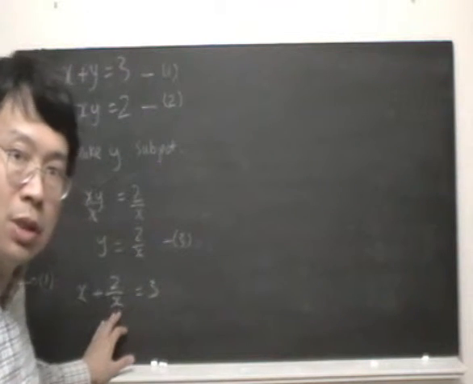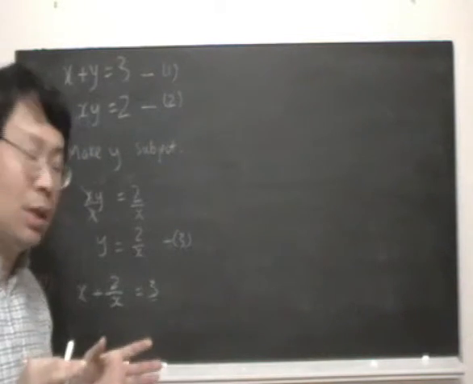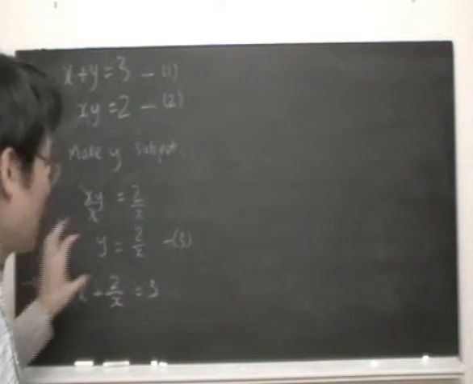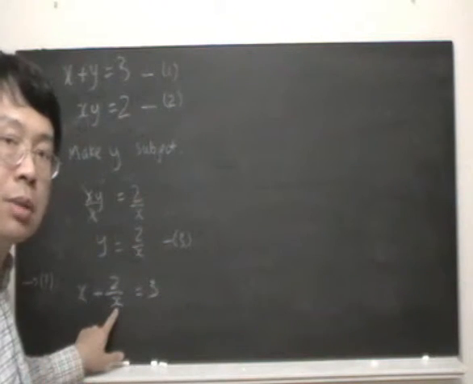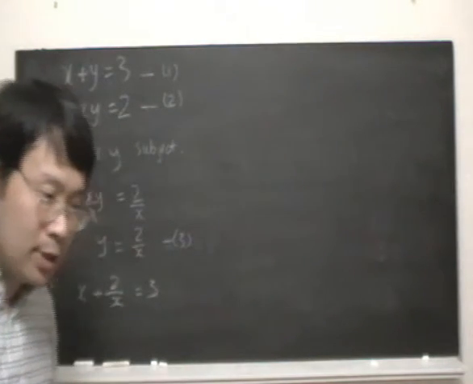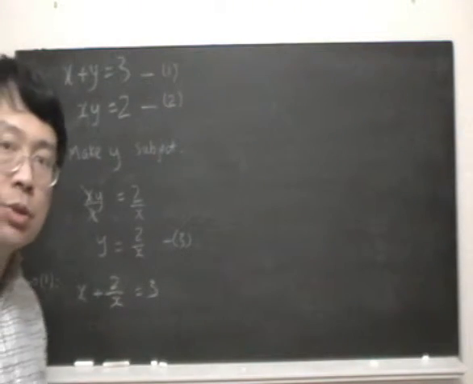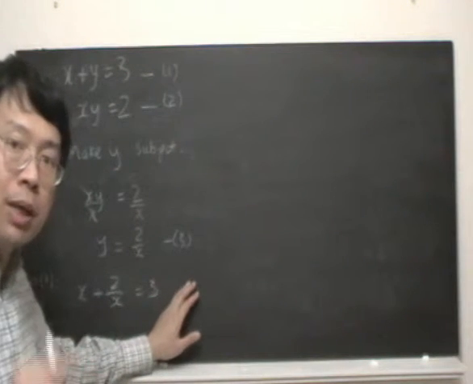Get rid of the denominators. And we can do that simply by multiplying both sides by the numbers at the bottom. Now in this case we have just the x at the bottom, so what we could do is to multiply both sides of the equation by x.